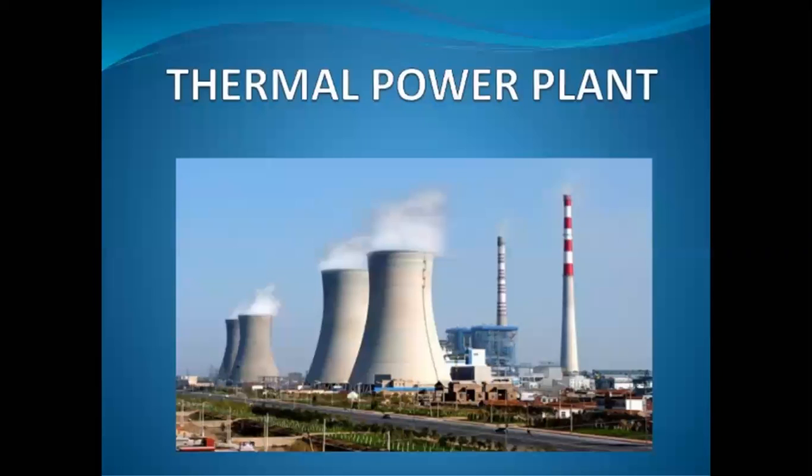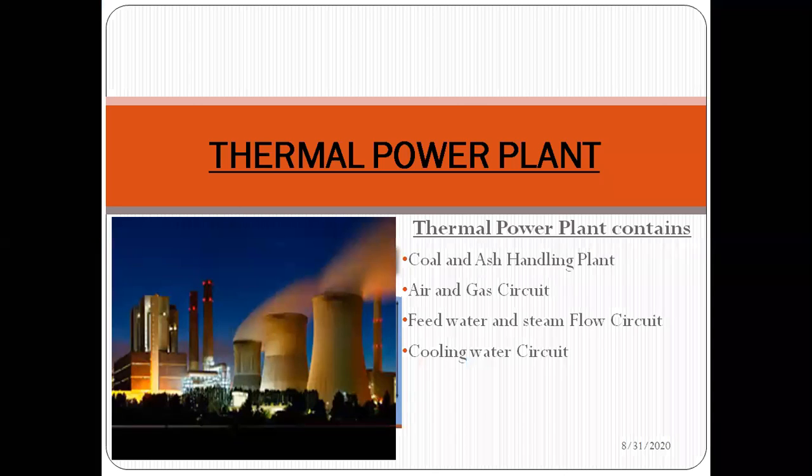So quickly coming to the thermal power plant, as I have already explained, a thermal power plant is an electrical generation plant where the chemical energy of the coal is converted into electrical energy. Now, the thermal power plant basically contains four main circuits, four main parts.